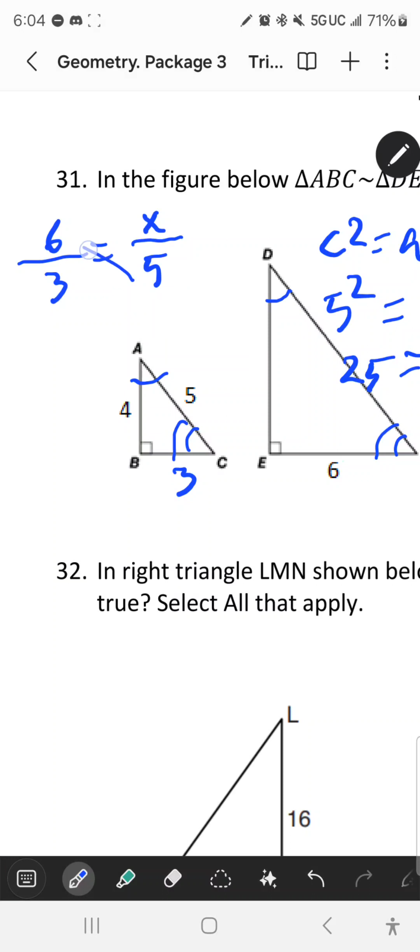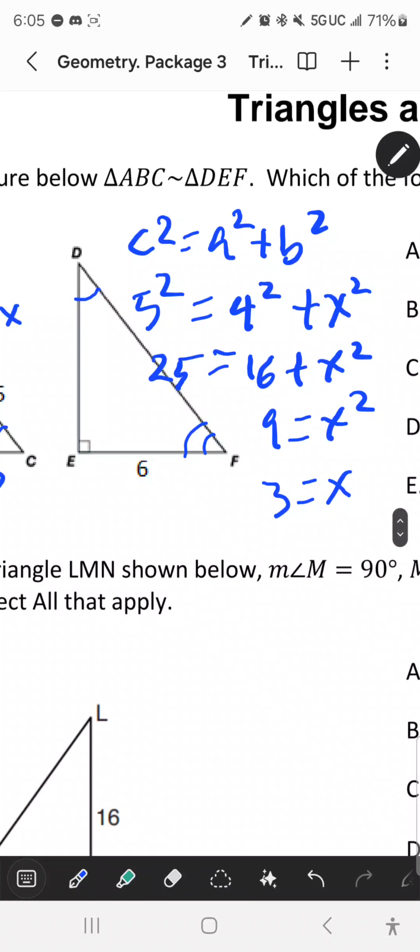So I'm going to cross multiply. 6 times 5 is 30, 3 times x, 3x. So now I have 30 equals 3x, and I'm going to divide both sides by 3, and I get x equals 10. So I know that this big side is going to equal 10.